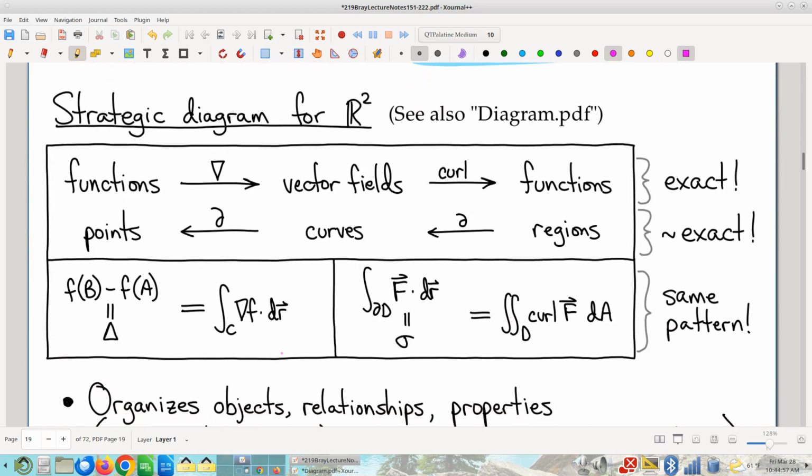All right, so this is about the strategic diagram. This is stuff that I think is really useful. It's really wonderful for a combination of reasons. My own personal interest in the diagram is that it is a glimpse into some very sophisticated ideas that are really the fully powerful and best way to treat all of this material.